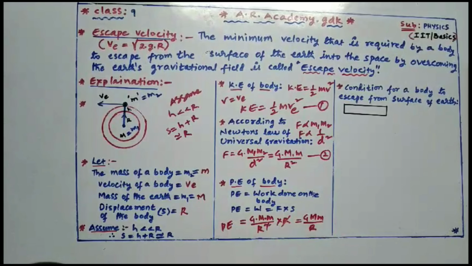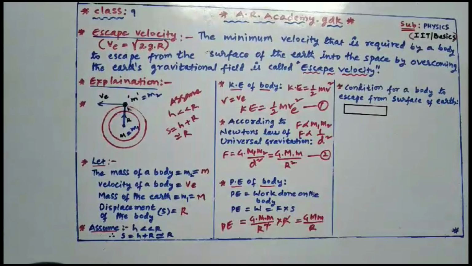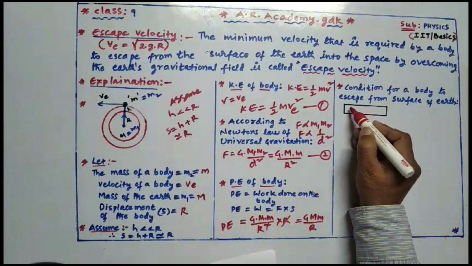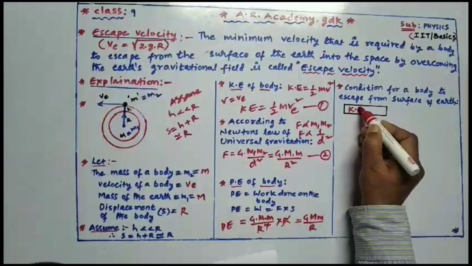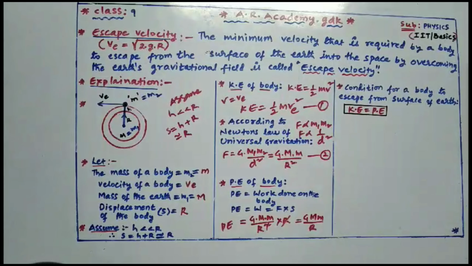But what is the condition for the body to escape from the surface of the Earth? It has to overcome the Earth's gravitational field. To overcome the Earth's gravitational field, the kinetic energy must be equal to the potential energy. This is the condition to escape the body from the surface of the Earth into space.